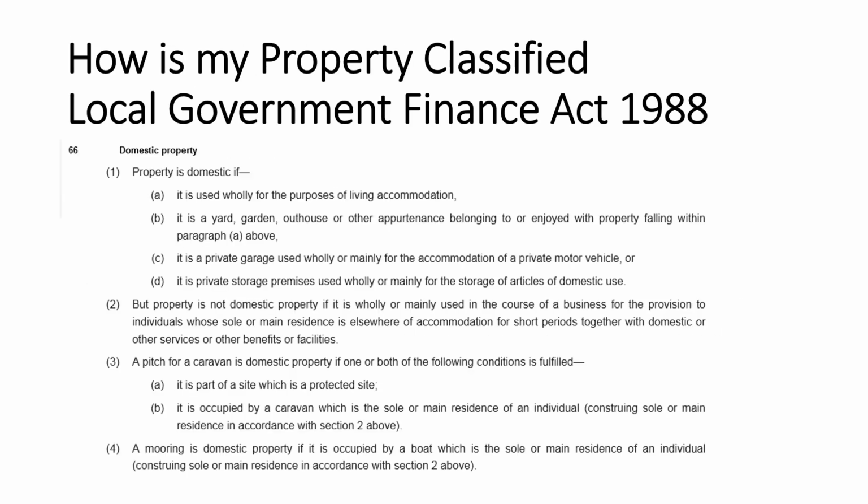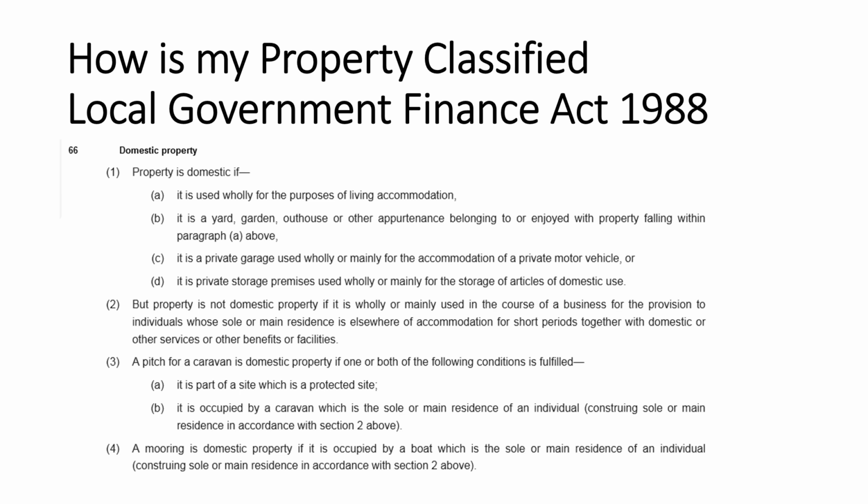Now, how is your property classified? We're going to get into this now under the Local Government Finance Act 1988. Domestic property, they're specifically telling you right here, is domestic if it is used wholly for the purpose of living accommodations. And then under B it says it's a yard, garden, outhouse, or other thing belonging to or enjoyed with the property falling within paragraph A above.